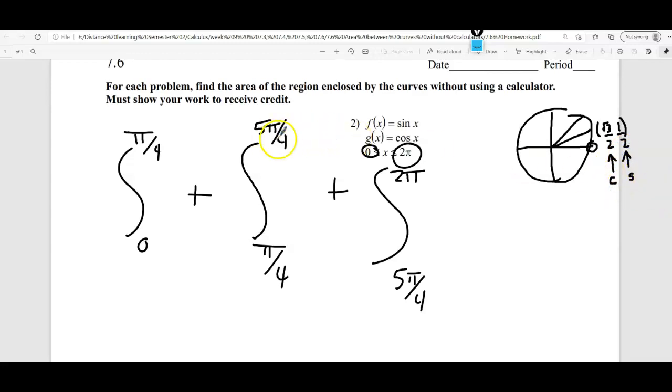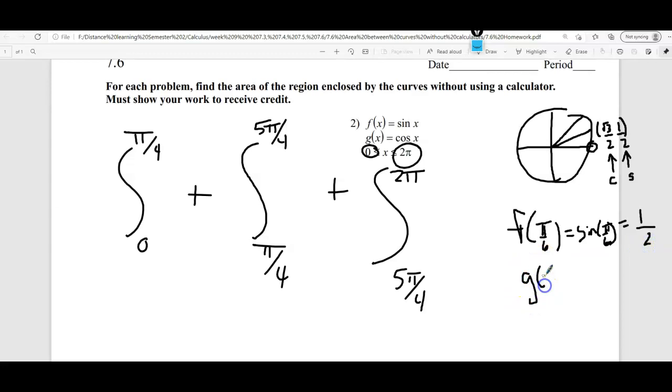Okay, so if I pick a number on that interval between 0 and pi over 4, f of pi over 6 is equal to sine of pi over 6, which we've already said is 1/2.